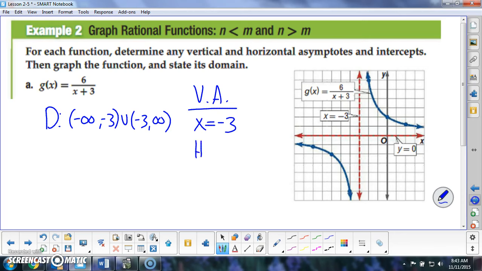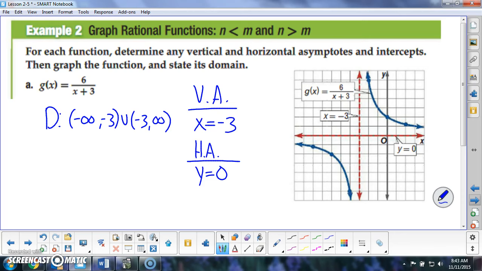The horizontal asymptote is y equals, now you can see on the graph it's y equals 0. I want you to look at the equation. We have a first-degree polynomial on the bottom. We've got a constant on top. Therefore, the degrees are not the same. If the degree on the bottom is bigger than the degree on the top, then it's going to be at 0. Your horizontal asymptote will always be at 0 in that case, like you can see here.